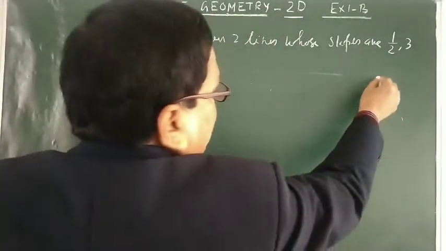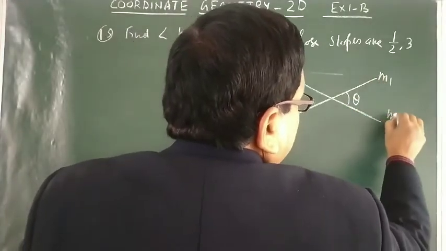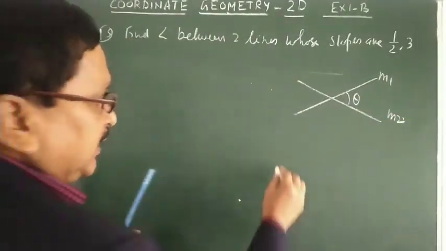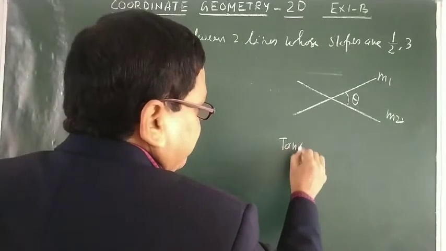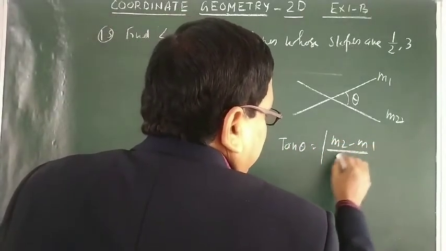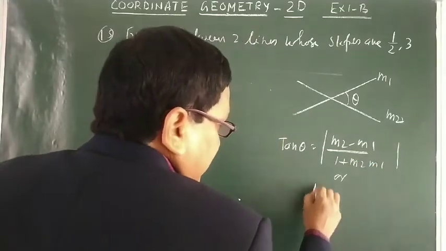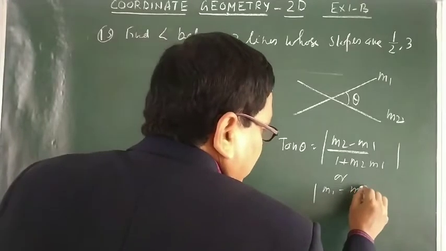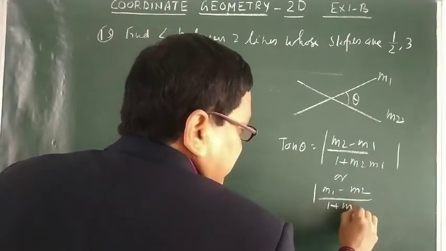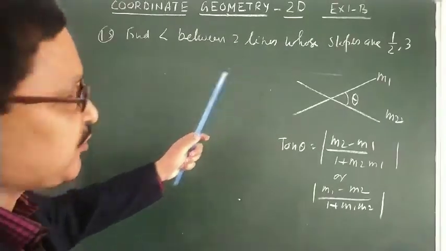Now, I have taught you earlier in a video that if M1 and M2 are the slopes, then tan theta is equal to the absolute value of (M2 minus M1) by (1 plus M2 M1), or (M1 minus M2) by (1 plus M1 M2). Both are the same. So we have to find the angle between the two lines.